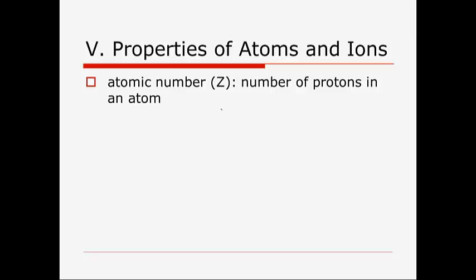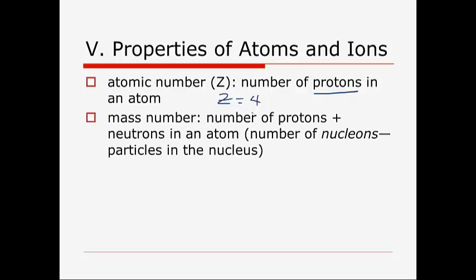Atomic numbers: if you ever see something that tells you Z is equal to a number, let's say Z was equal to 4, they were telling you that for this particular atom, the number of protons is equal to 4. The mass number is equal to the number of protons plus neutrons in an atom. Sometimes they refer to it as the number of nucleons. What's a nucleon?